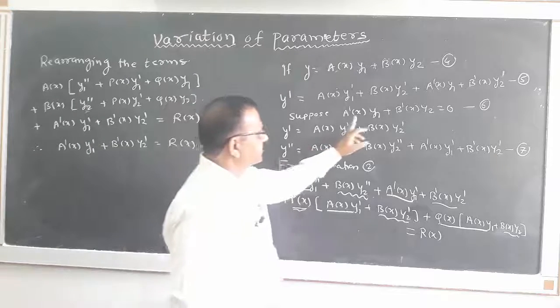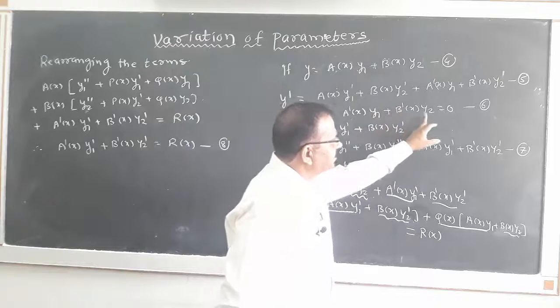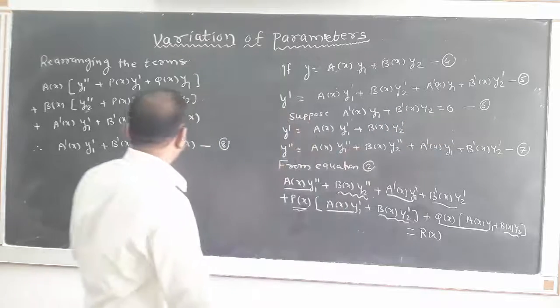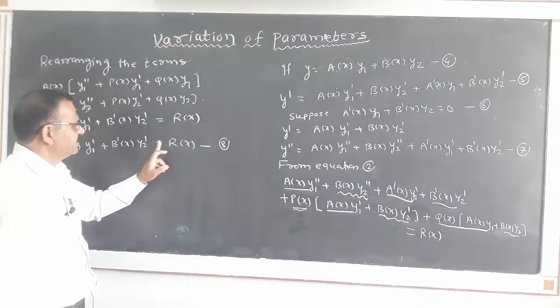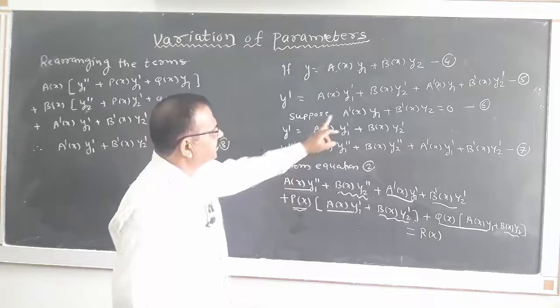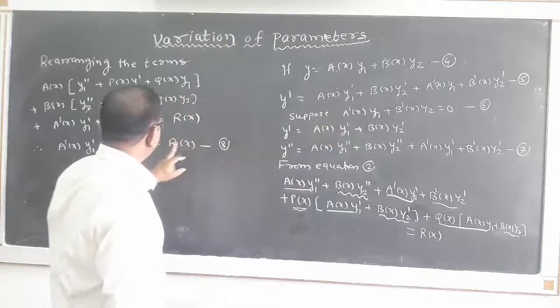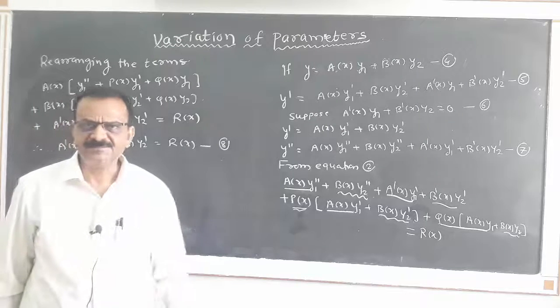In equation 6, a dash(x) y1 plus b dash(x) y2 equal to 0. And in equation 8, a dash(x) y1 dash plus b dash(x) y2 dash equal to r(x). Therefore, these two equations can be solved for a dash and b dash.